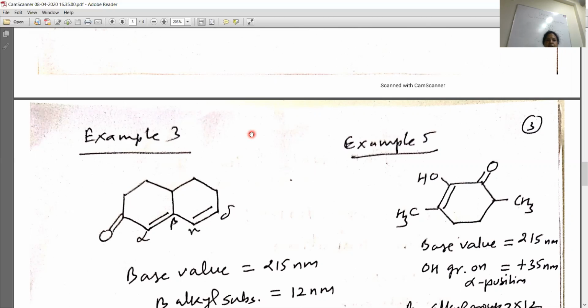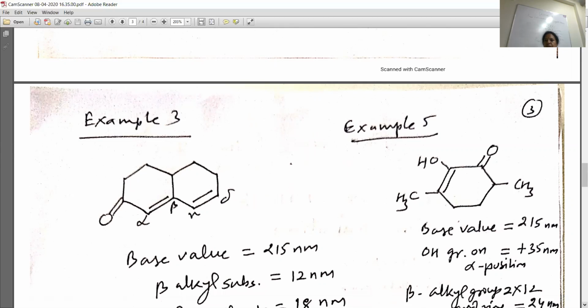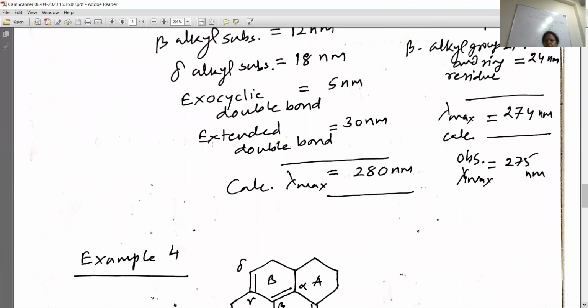Similarly, for other solvents: chloroform +1, dioxane +5, ether +7, then hexane, cyclohexane +11. So this type of solvent correction we have to do in the numerical.